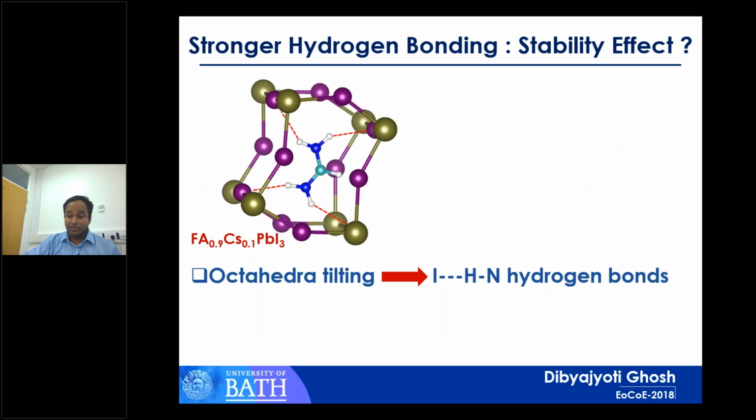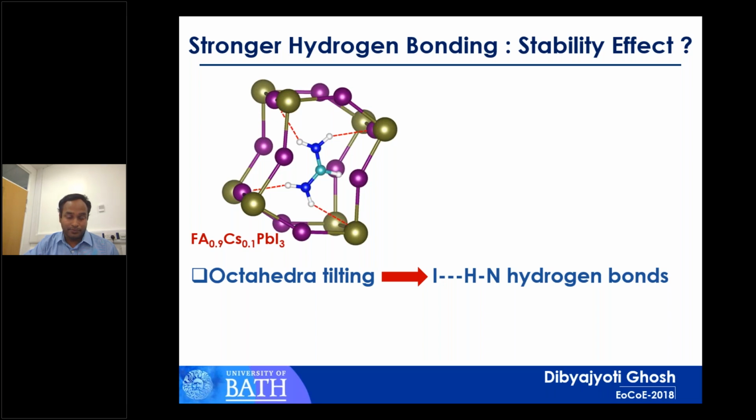Because of this distortion, another interesting thing happens: the hydrogen of the formamidinium A-site cation and the iodine of the cage come closer, and it forms a stronger hydrogen bond.